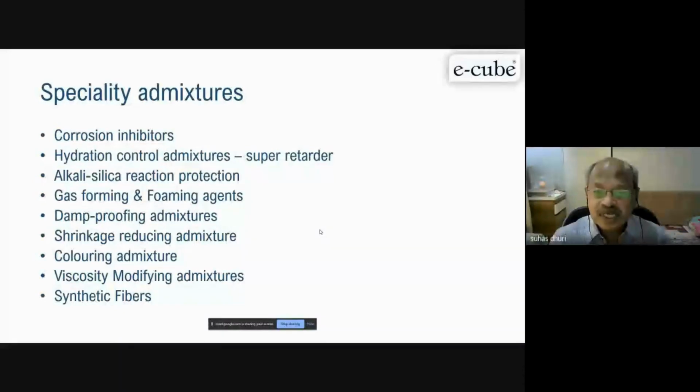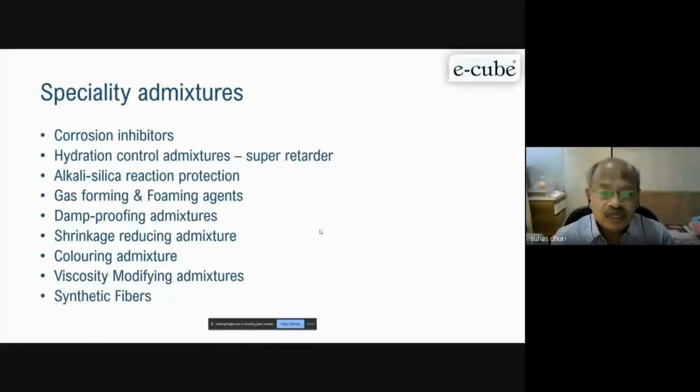Alkali reaction protection, as we have discussed. Gas forming or foaming agents, because we make lightweight concrete where you don't need very high strength. If there is no structural requirement, I can use lightweight concrete, where the density is equal to 1 or less than 1. At that time the gas forming or foaming agent is possible.